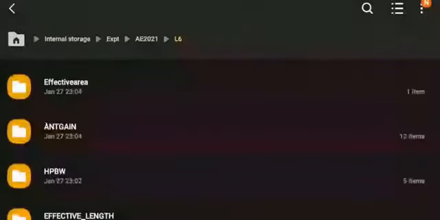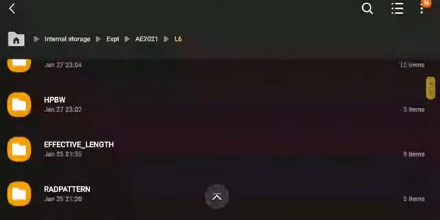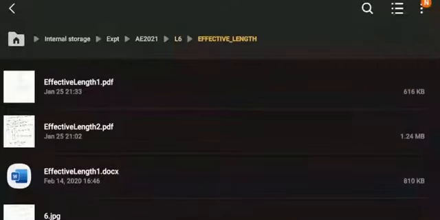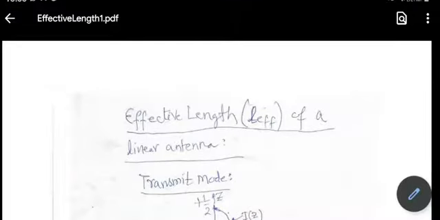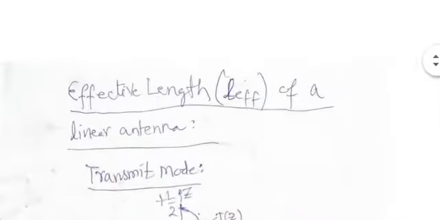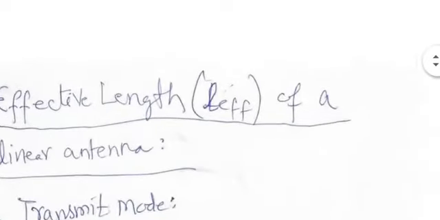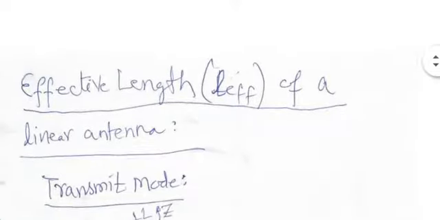Now, one very important parameter that is associated with antennas, especially linear antennas, is the so-called effective length. It's a hypothetical length which can be calculated for a given antenna. Let's look at the definition first.